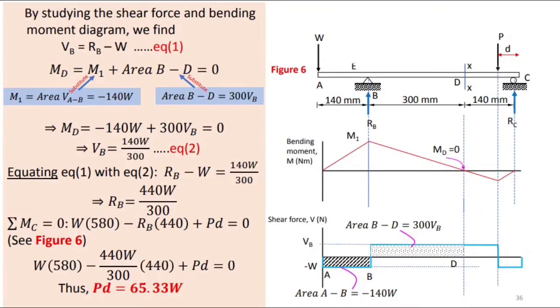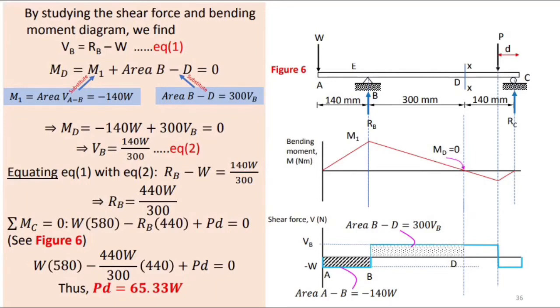By studying the shear force and bending moment diagrams, we find V at B equals R at B minus the weight, and moment at D equals moment 1 plus area B to D equals 0. After substituting the values of M1 and area B to D, we get moment at D equals minus 140 weight plus 300 V at B equals 0.